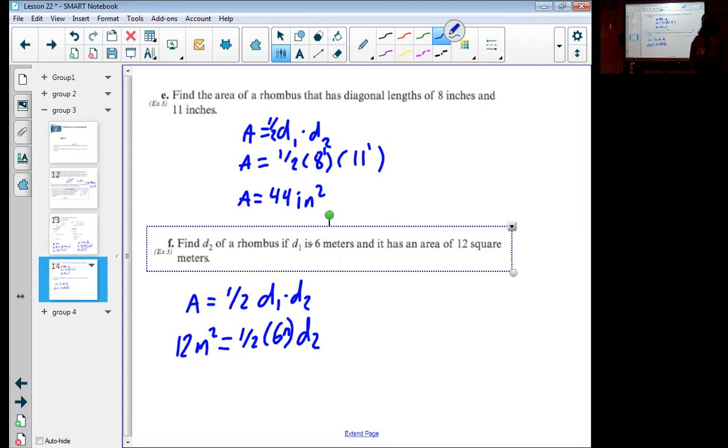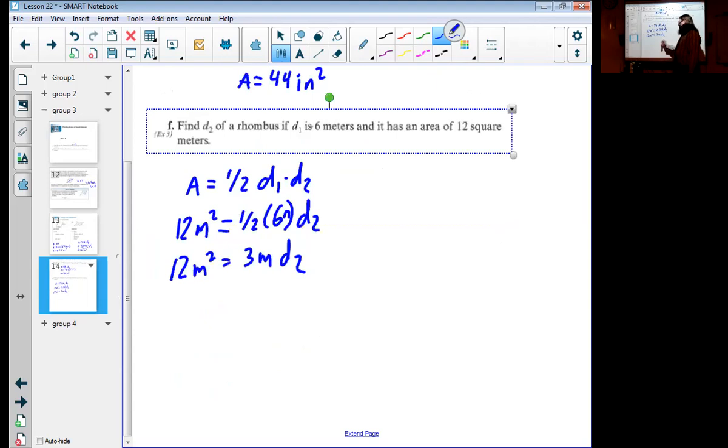When we're solving an equation, we simplify both sides. 12 meters squared is equal to half of 6 meters, which is 3 meters, and we don't know what D2 is. We want to find out what D2 is, so we have a multiply by 3 meters. To get rid of a multiply by 3 meters, we divide by 3 meters.